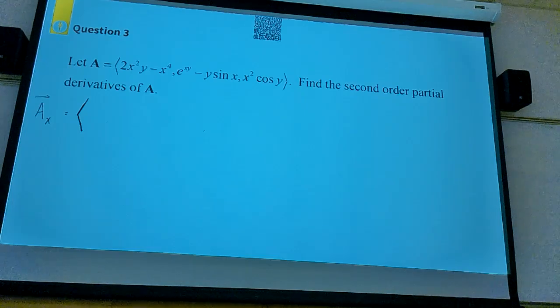In this case, first with respect to x. What's the partial of the first component with respect to x? 4xy minus 4x cubed. Not x.